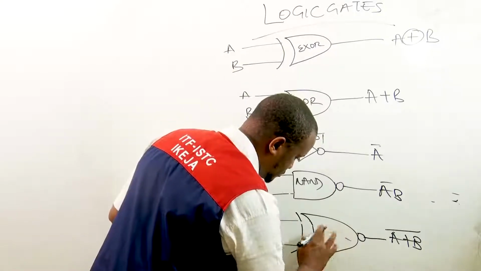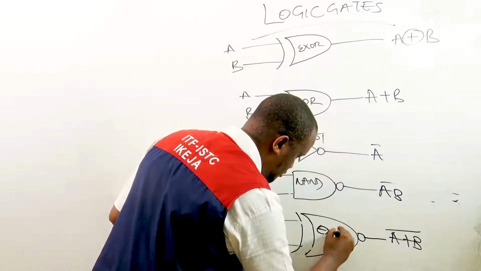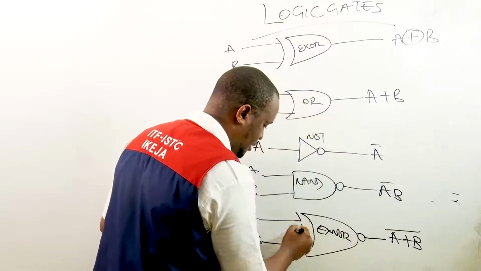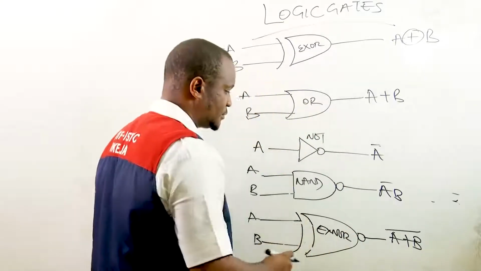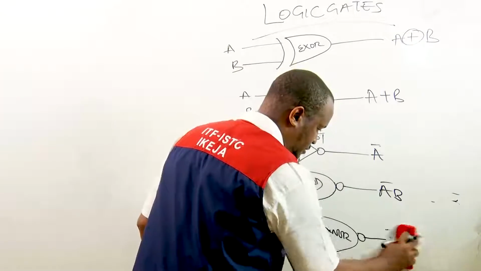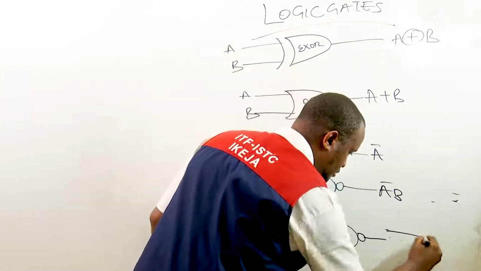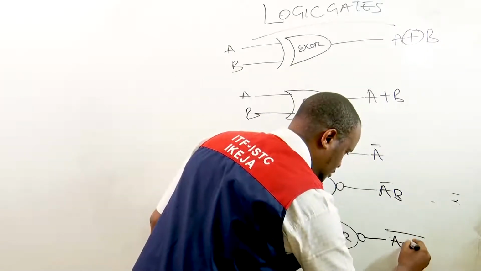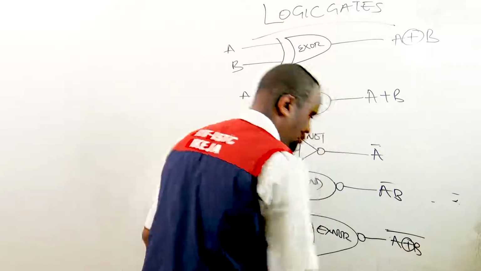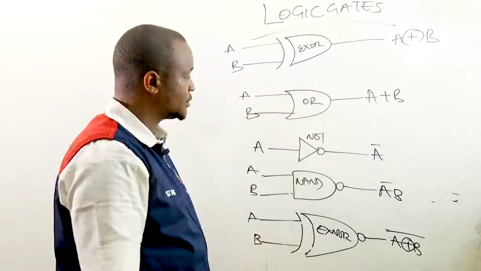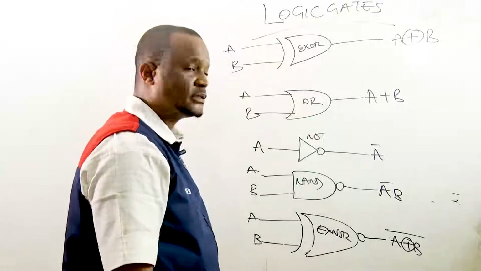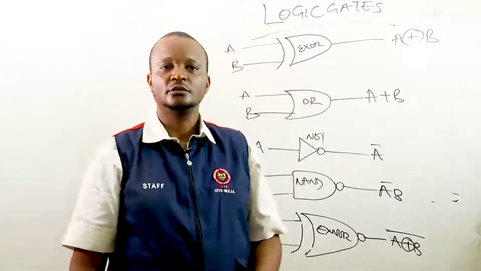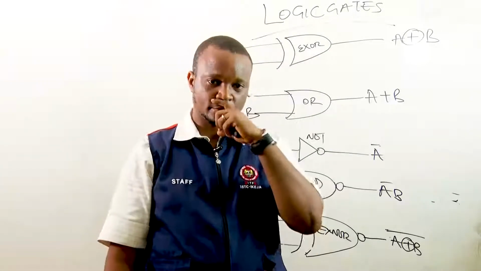XNOR. This is how we represent it. Then the output will be the same thing, with a circle around it. So these are the logic gates, the fundamental logic gates that we have.